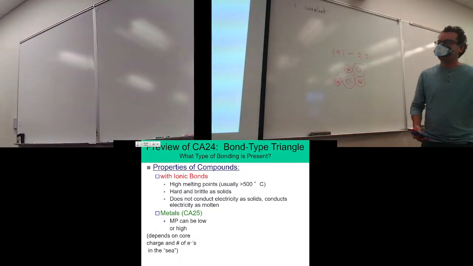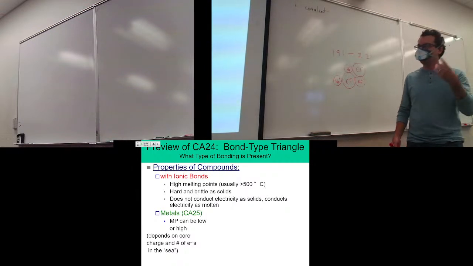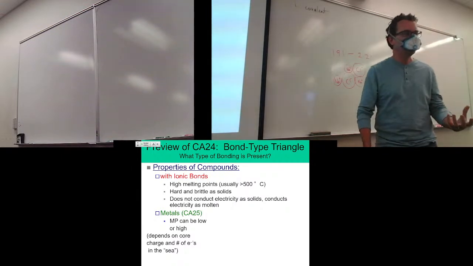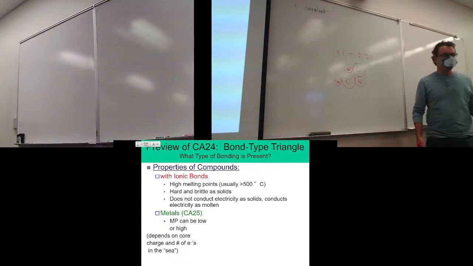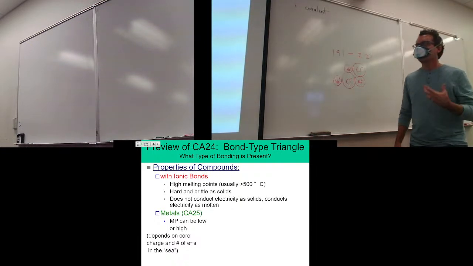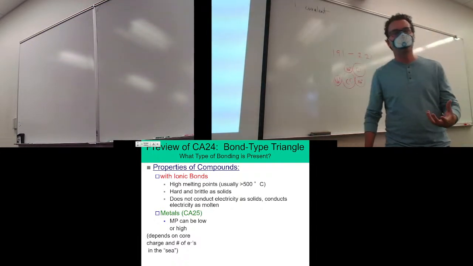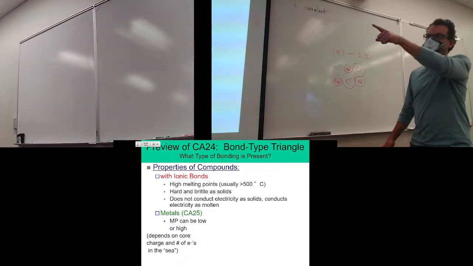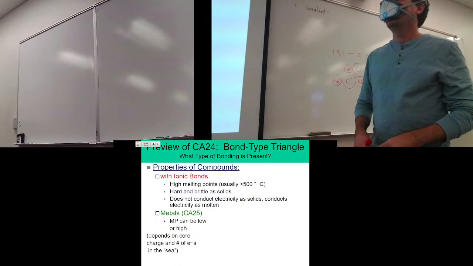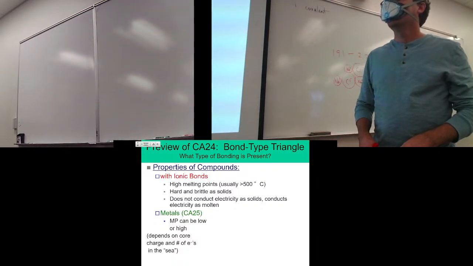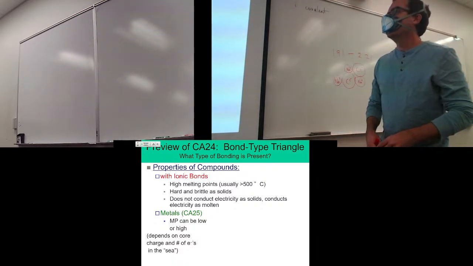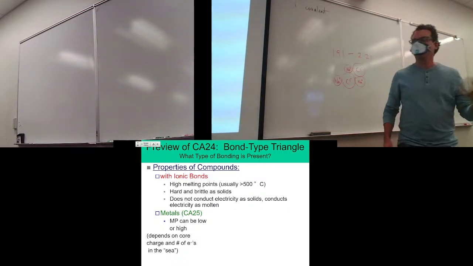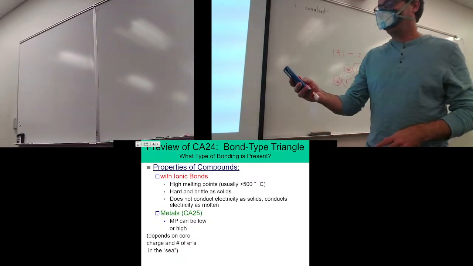Metals have variable melting points. Some can be very low. We saw gallium in lab. Mercury is already a liquid at room temperature. Some of them are really high. Tungsten is one of the highest melting point metals ever. Tungsten is W on the periodic table, number 74. The other name is Wolfram, that's why it's W. It's German, I think.